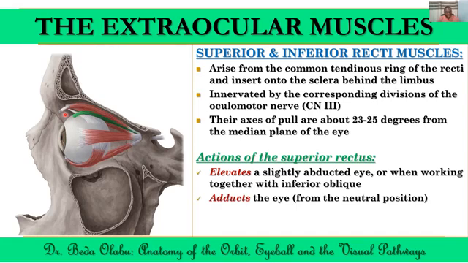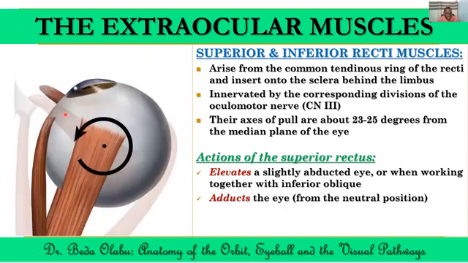The superior rectus also adducts the eye from a neutral position, and it is important to understand that based on the orientation. Remember, there's some degrees, so that the axis of the eye and the axis of pull of the superior rectus and inferior rectus is not parallel.